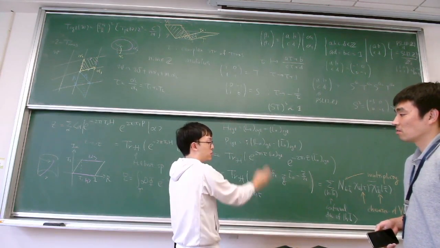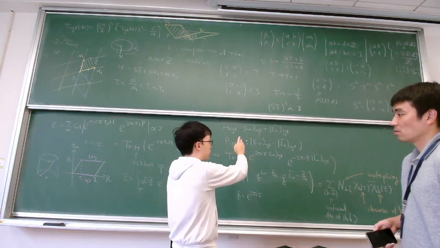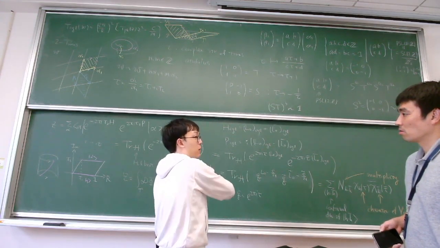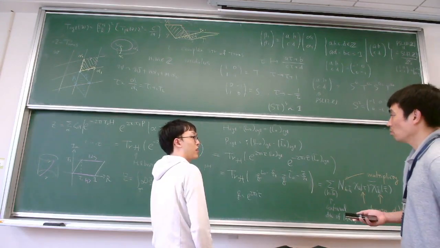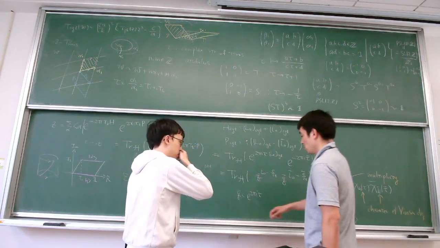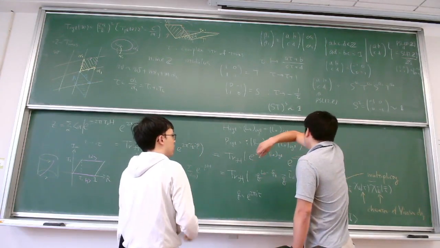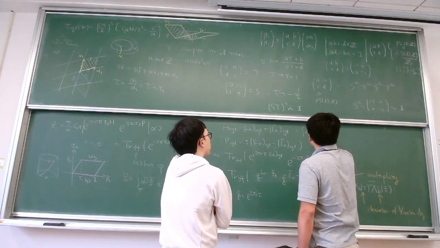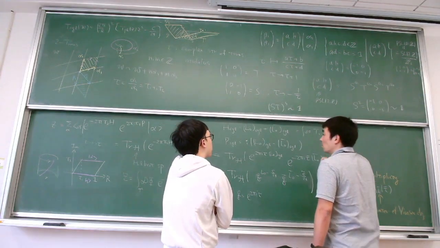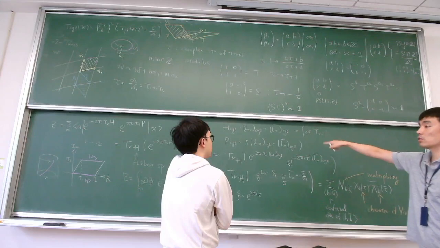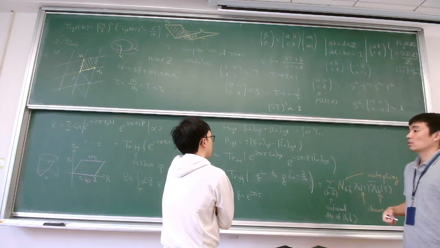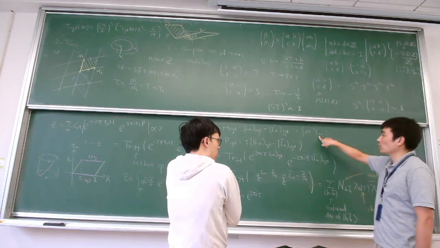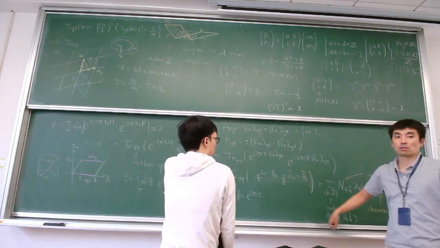Why can't we just derive the generator, instead of turning to the complex plane and coming back to the cylinder? No, we just did this one. So this is the connection. The stress energy density, the spatial direction comes from this.